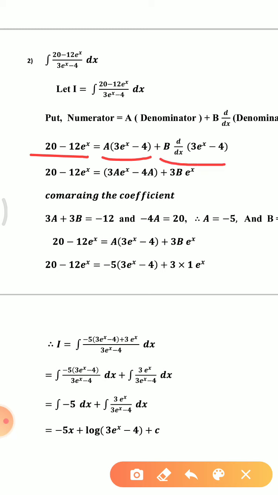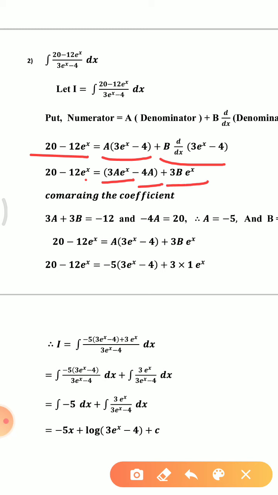That is 20 − 12e^x is equal to 3a e^x − 4a plus 3b e^x. The derivative of 3e^x is 3e^x, and the derivative of 4 is 0, remaining 3b e^x.